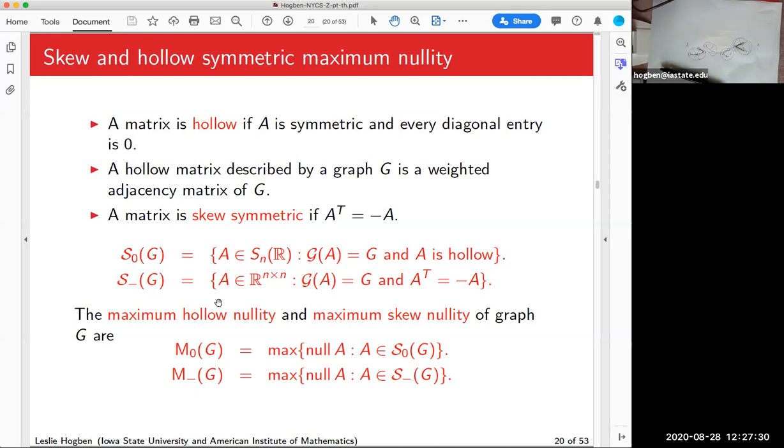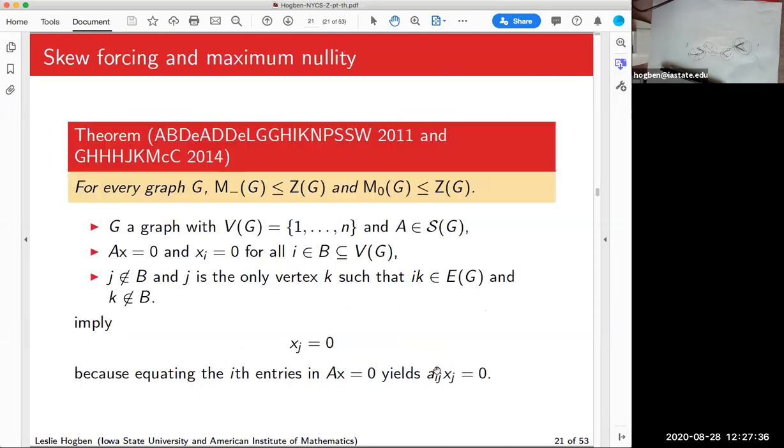And we define the maximum hollow nullity and the maximum skew nullity as the maximum nullity amongst these families. And what's missing from this slide that I need to add is actually the skew forcing rule, because it's a little confusing to have the theorem without the definition. But before I send the slides to Sandra, I will add this zero forcing rule to this slide.